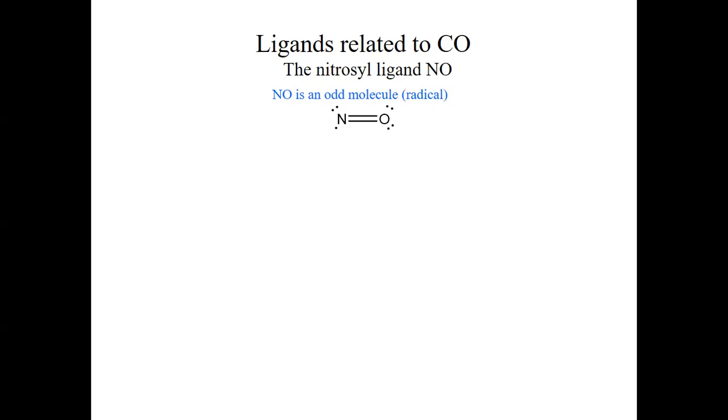Now, because of that radical nature, the coordination chemistry of the nitrosyl ligand is, of course, not exactly the chemistry of the carbonyl ligand. In fact, we can have 2 binding modes for the nitrosyl ligand. It can be either a 1 electron donor or a 3 electron donor.